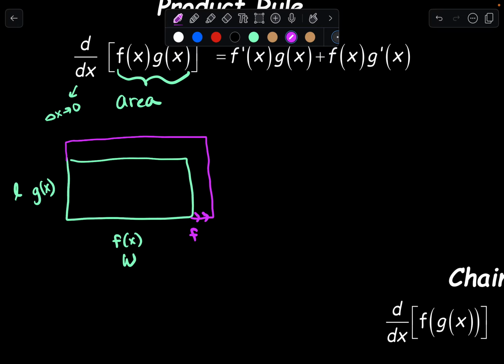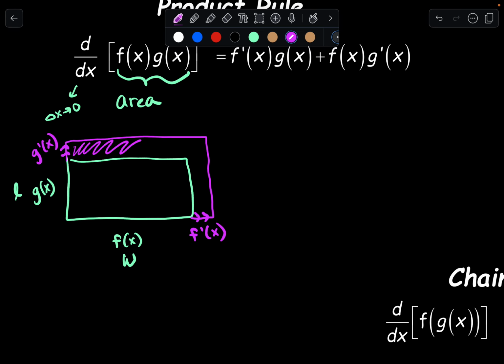That is going to be the change in f of x, which is f prime of x, okay? So as this rectangle is growing to the right, we can account for that by using f prime of x. And then the same thing as the rectangle is growing up, that's going to be the change in the length, which is the change in g, which is g prime of x, okay?